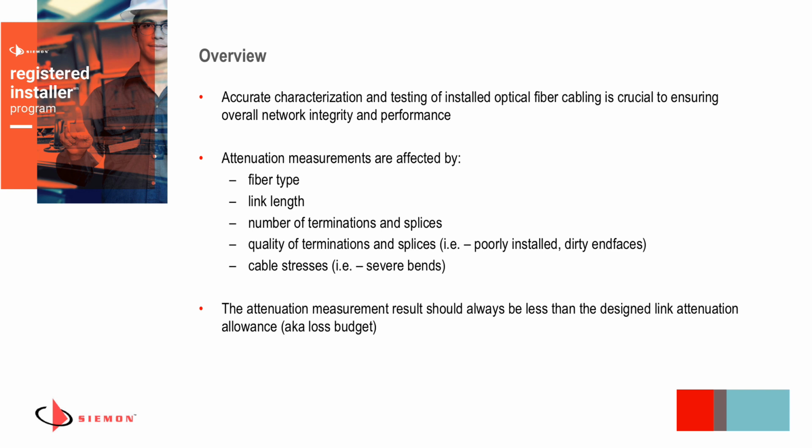But primarily, in addition to how it's installed and ensuring it's installed properly, the number one fault for all attenuation issues is almost exclusively dirty end faces. So cleanliness is the number one consideration for a properly operating optical fiber system.